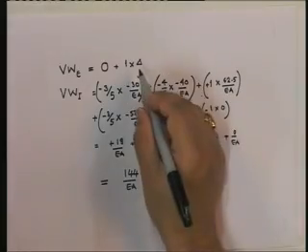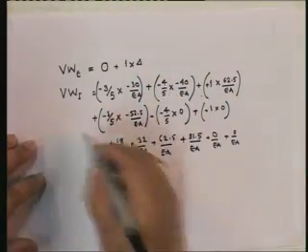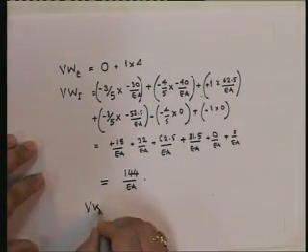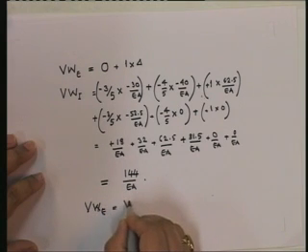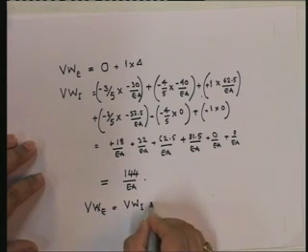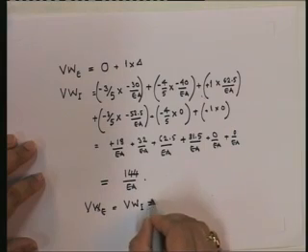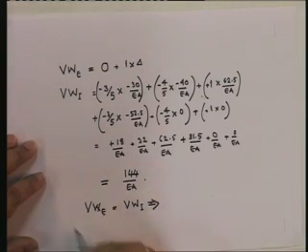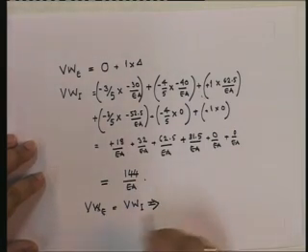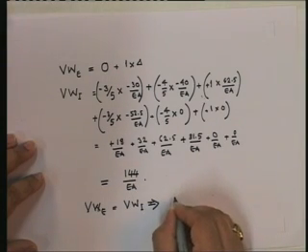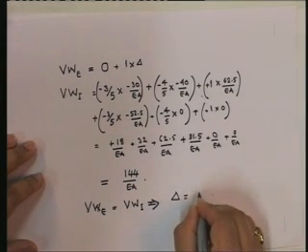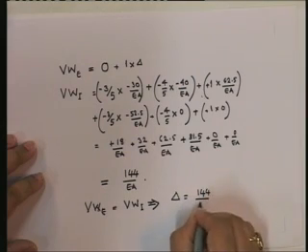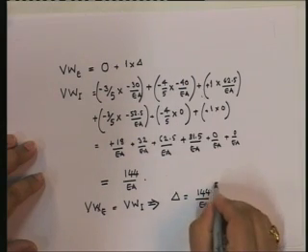is the external virtual work, and once we put external virtual work equal to internal virtual work, that is our principle of virtual work, because the total work done is 0. Okay, we get delta equal to 144 upon EA.